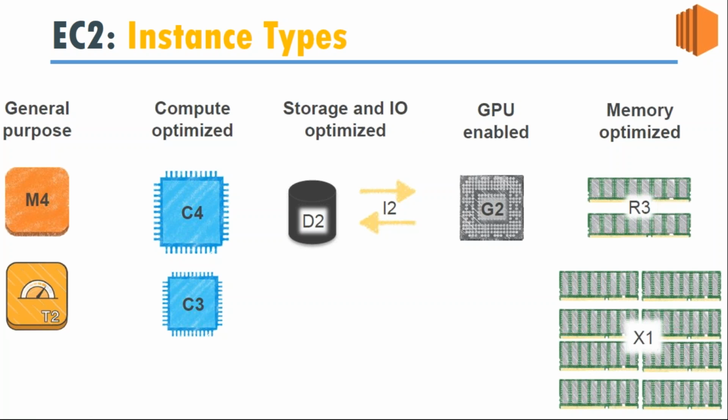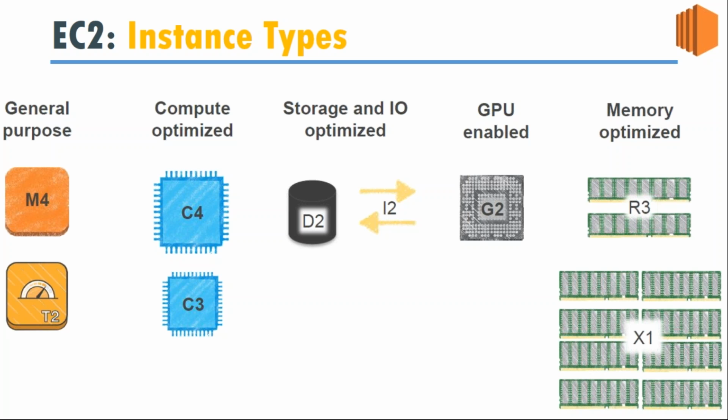These are the general categories of instances that you see in the AWS console. So we start with the general purpose on the left hand side, that is all starting with the M series, and then you have this specialized instance at the bottom, that is T2, which does not fit into most of these categories because T2 is completely different.